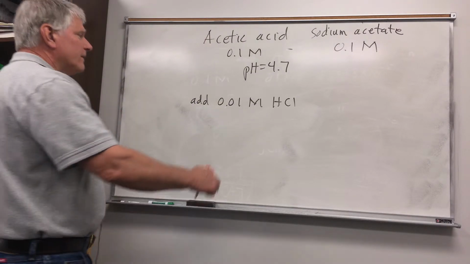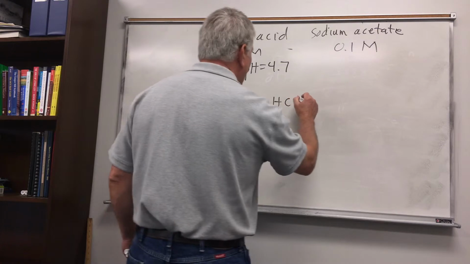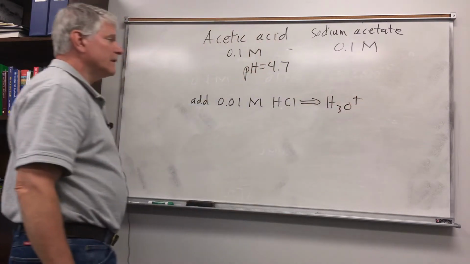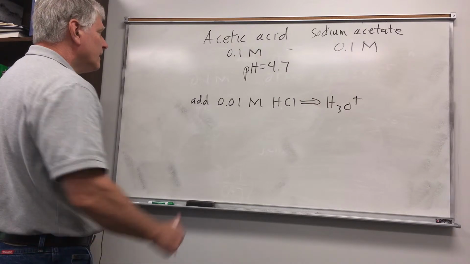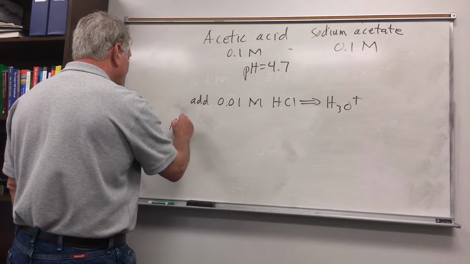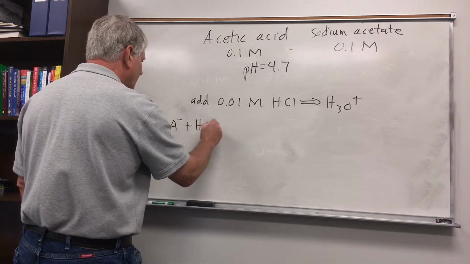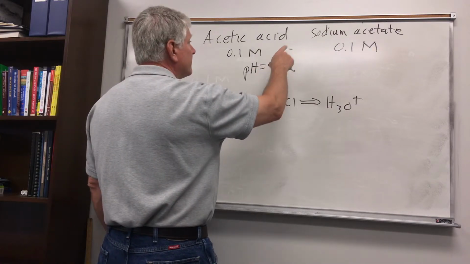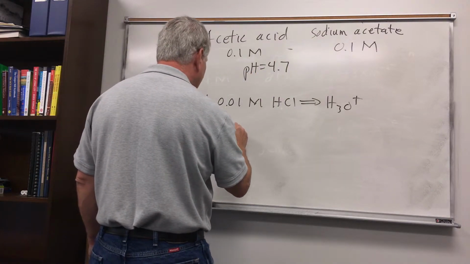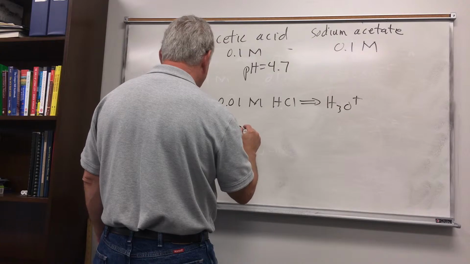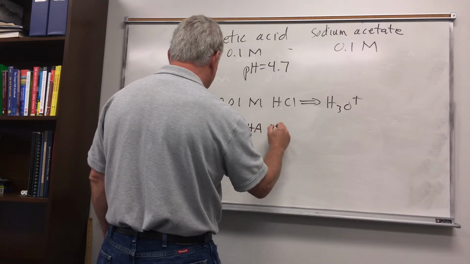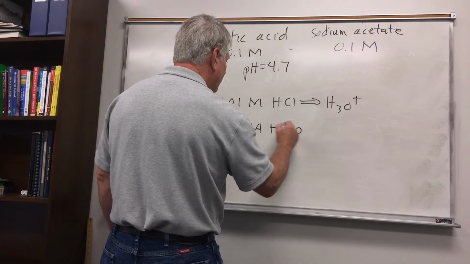We're going to add strong acid. So this strong acid will produce H3O plus in solution. So from our reaction, the conjugate base, sodium acetate, can react with that H3O plus to produce acetic acid plus water.